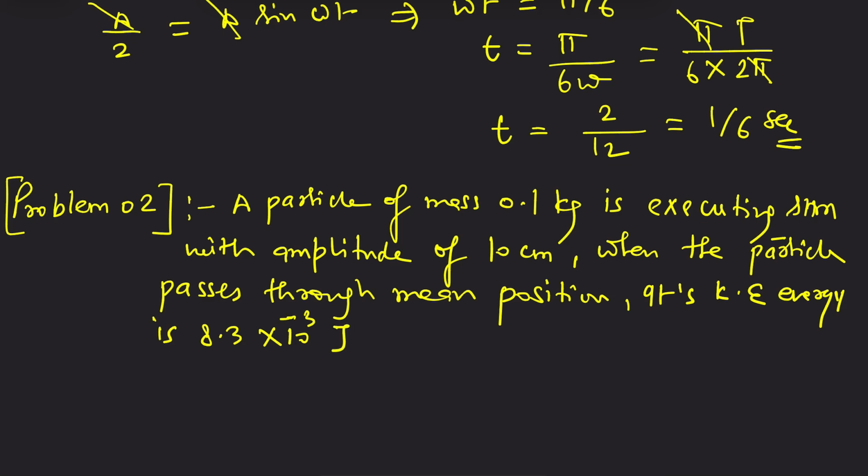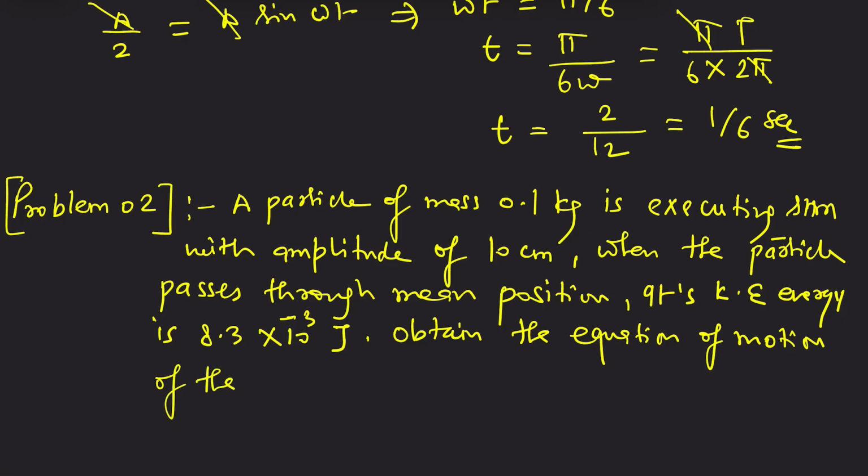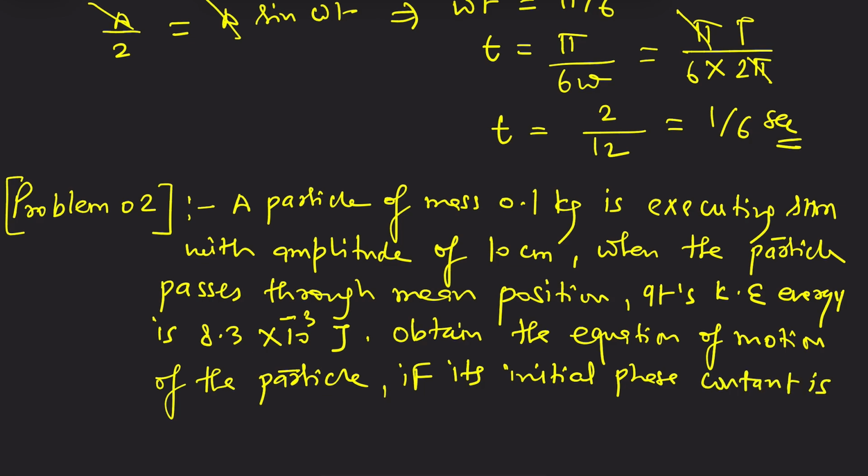Obtain the equation of motion of the particle if its initial phase constant is pi by 4.